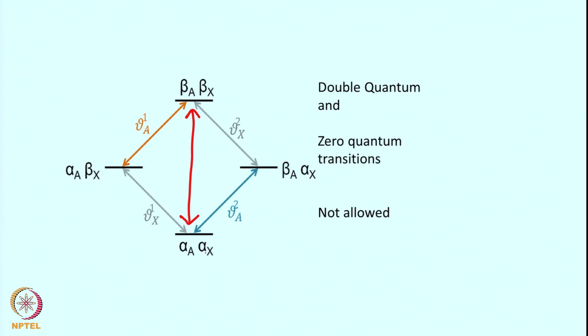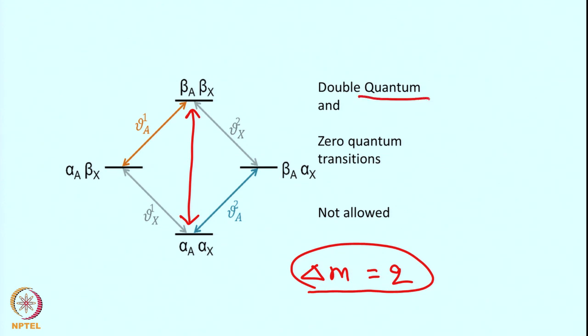Both spins are flipping, that means the delta m here is 2. This transition is called double quantum transition. Two quanta, one from spin number 1, another from spin number 2, both are flipping.